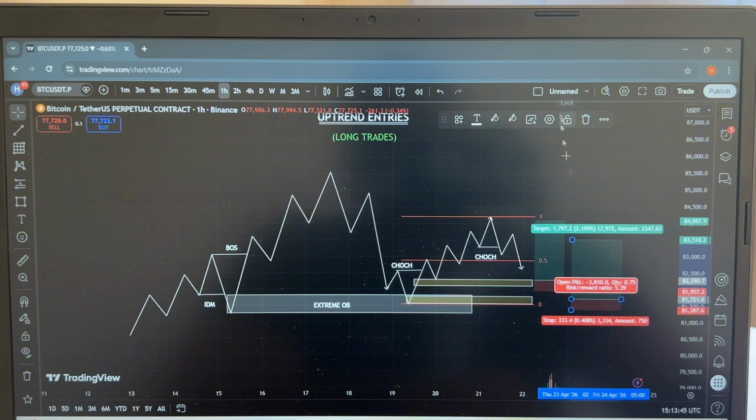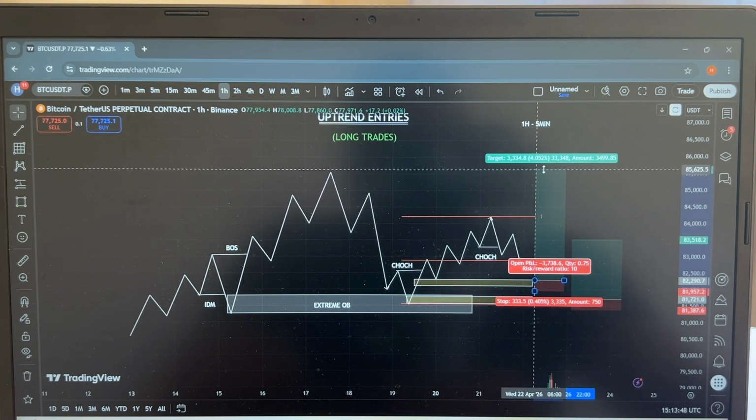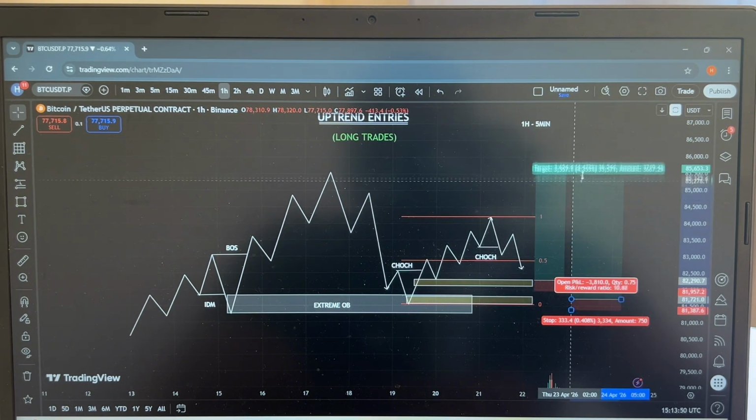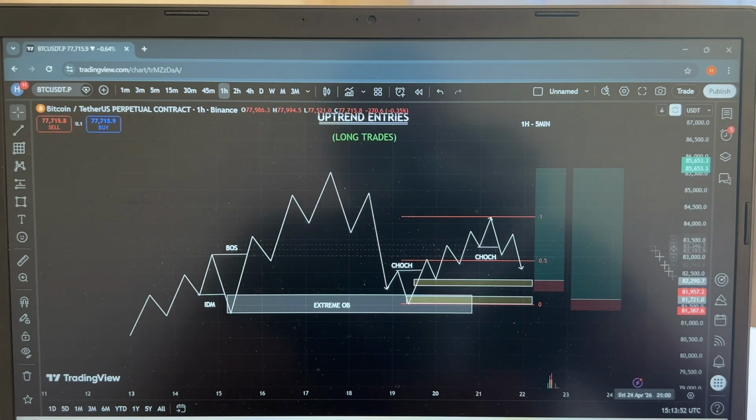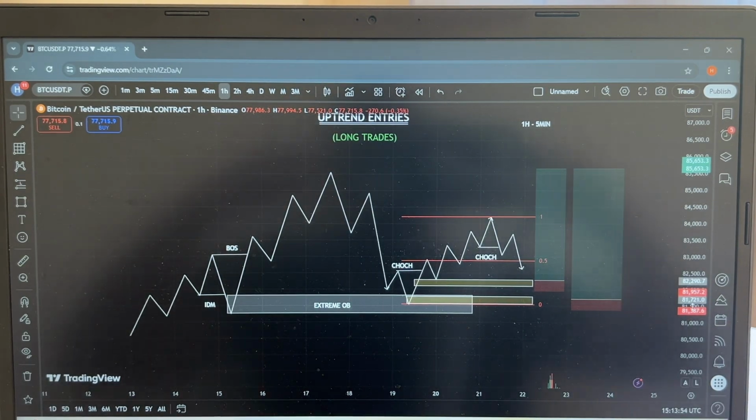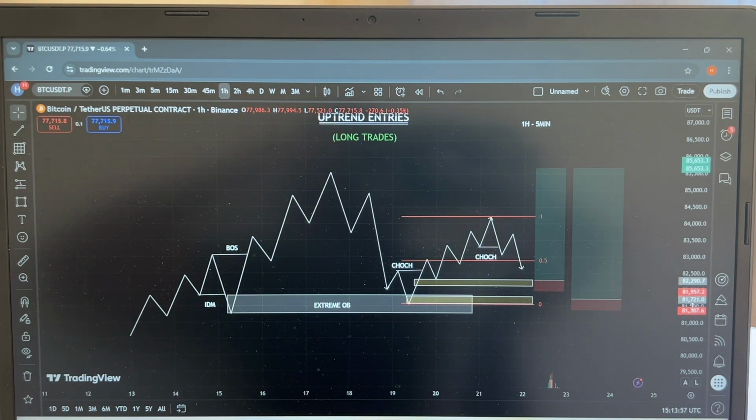Then they're going to hold it until it goes towards their TPs, like this. Don't worry, I'll show you guys a few examples as well. So this is the idea that we are going to talk about.